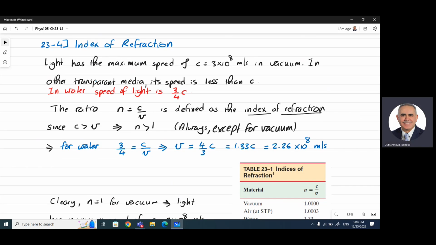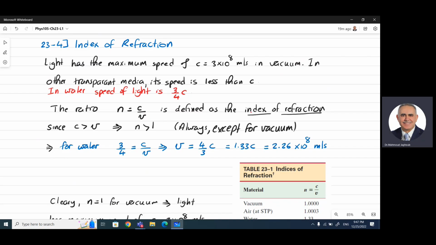So how do we deal with this situation? We define something called the index of refraction. How do we define it? The index of refraction, which we call n, is a ratio of what? It's a ratio of c, the speed of light in vacuum, divided by v, the speed of light in the medium. For example, the index of refraction for glass equals the speed of light in vacuum divided by the speed of light in glass.